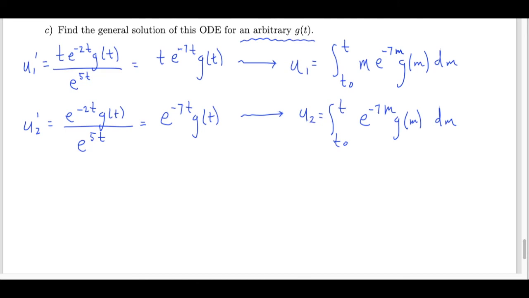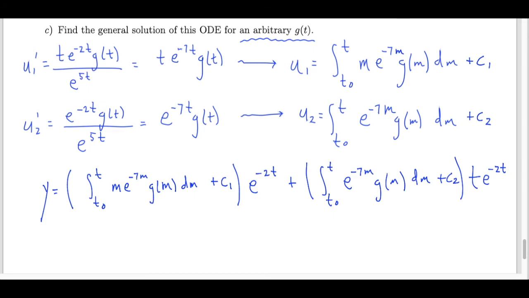But in many contexts, I may want to evaluate the differential equation for a wide range of g of t functions. And this approach allows me to write my general solution and then potentially evaluate this general solution, maybe analytically or maybe just numerically, for a wide range of g of m functions.